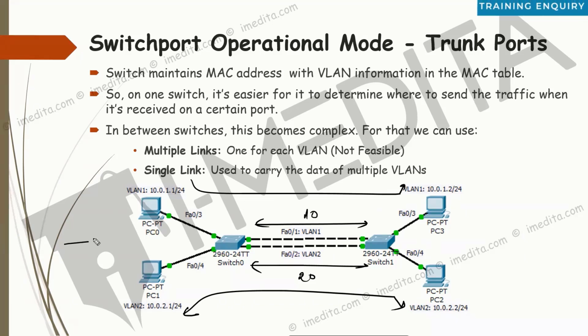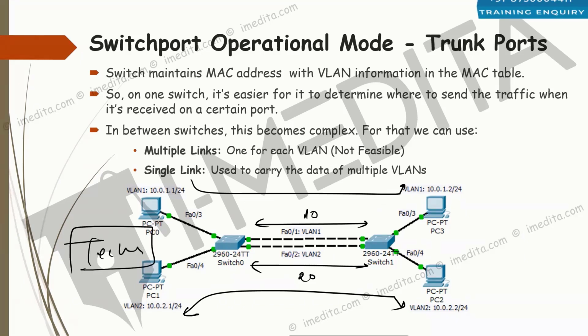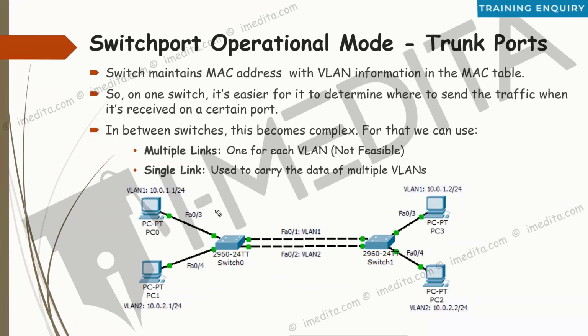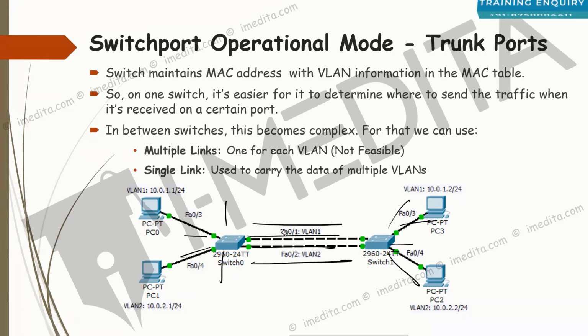But this technique is not very useful. Why? We can configure it, but it is not very feasible. It is possible, but not a very feasible solution. Because if you have, let's say, 5 VLANs here and 5 VLANs here, and you want to send the traffic between those 5 VLANs, then you have to connect 5 cables here.